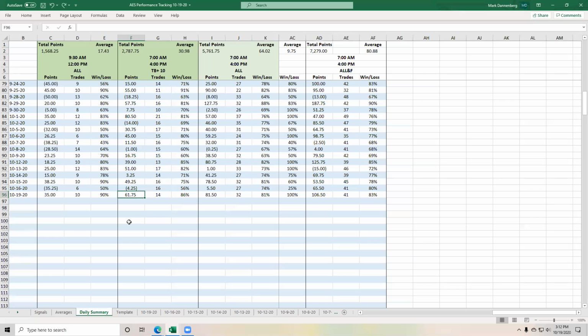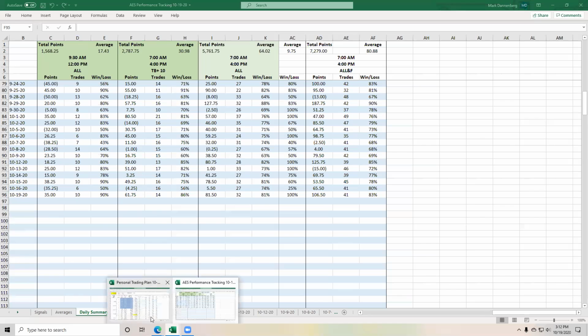Now, if you're not familiar with the NASDAQ 100, each point that I'm referring to has a dollar value of $20. So when we lost 4.25 points on Friday, that's 4.25 times $20 per contract. And then of course, the number of contracts that you're trading is the additional multiple.